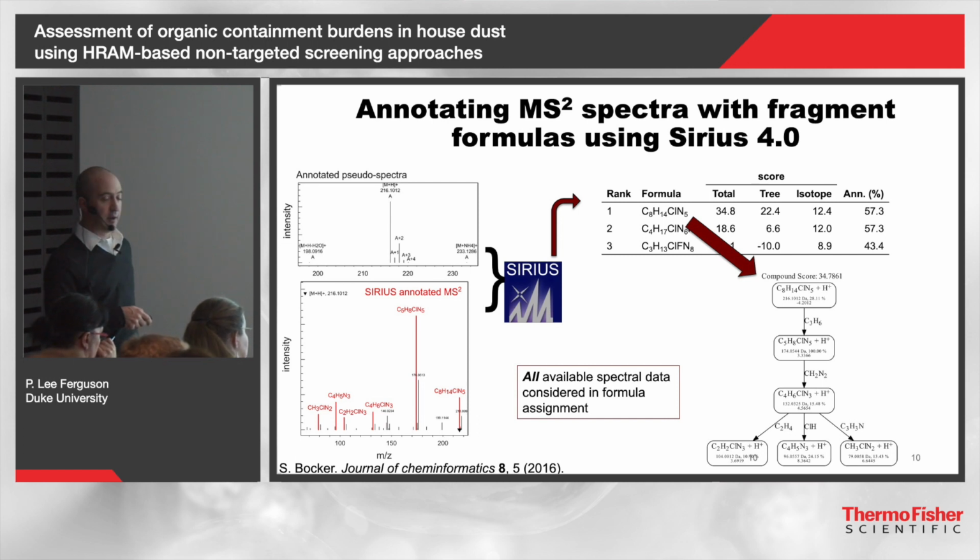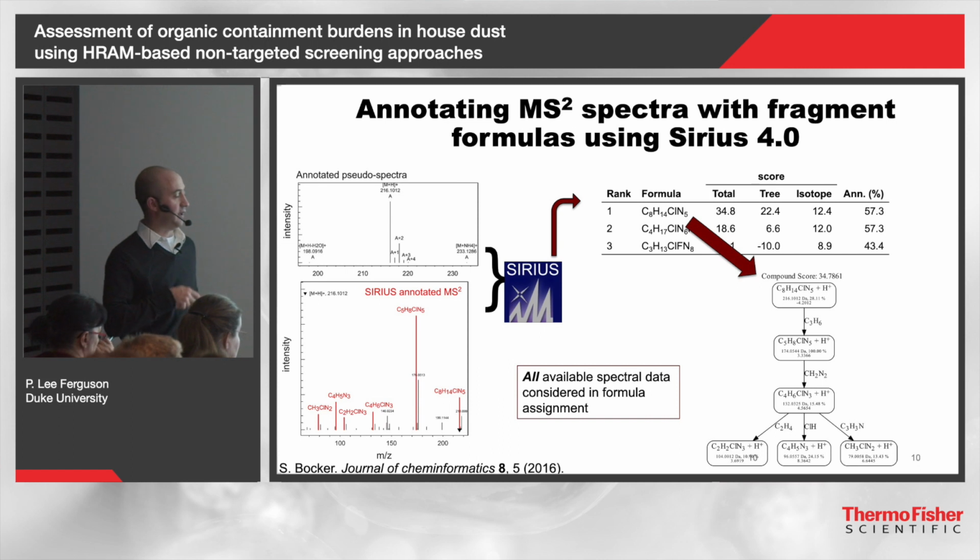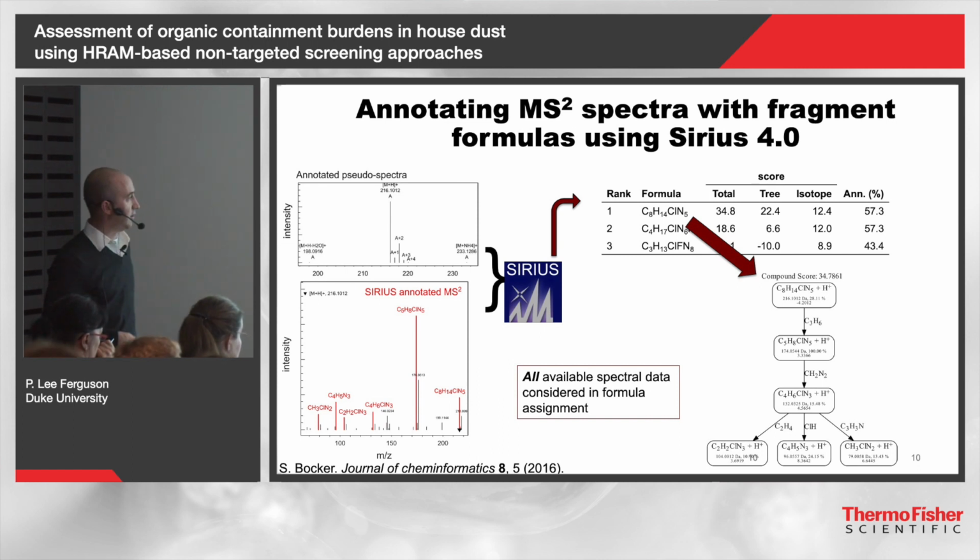Now, in our case, for these library spectra, we know the formula a priori, so we give that formula to Sirius, and it creates a fragmentation tree which annotates all of the fragments, assuming that all the fragments must be a subgraph and a subformula of the precursor. And so this allows us to assign known mass errors for each one of the fragments for every spectrum in every library.